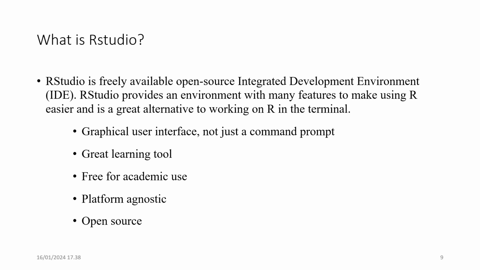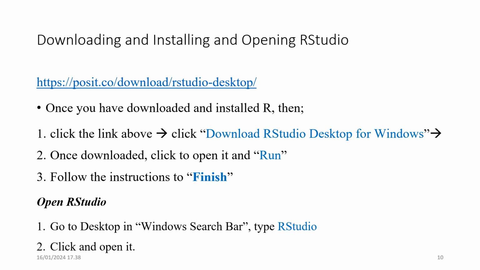It also has functions and menus that can help you appreciate using R. And it's open source, so you can also download it the way we downloaded R. But you must download R first before you can download the R Studio. If you follow this process as well, you get the R Studio downloaded in your computer. As soon as it's downloaded, just go to your desktop, in the Windows search bar type R Studio, click, and it will open for you.